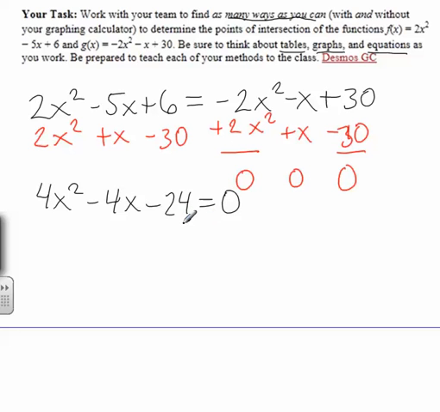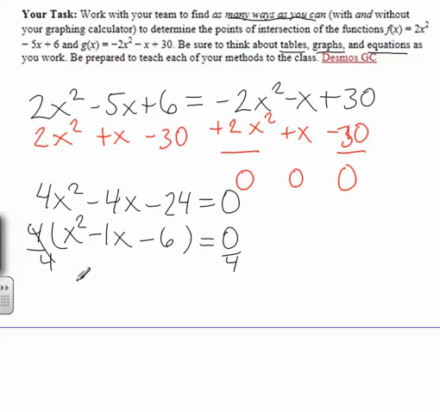Ooh, I also noticed that there happens to be a factor of 4 in all of the terms. So I can make this problem even one step easier by factoring out 4. And that would leave me with x squared minus 1x minus 6 equals 0, if I divide both sides by that 4 that I factored out.